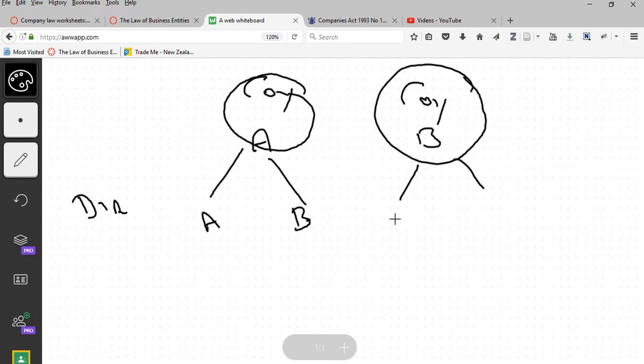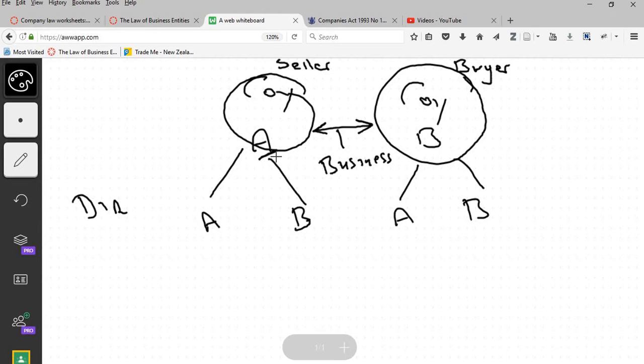And this company, A and B are the directors. Now, what if these companies have business? This could be a seller, and this could be the buyer of goods. So seller and buyer.